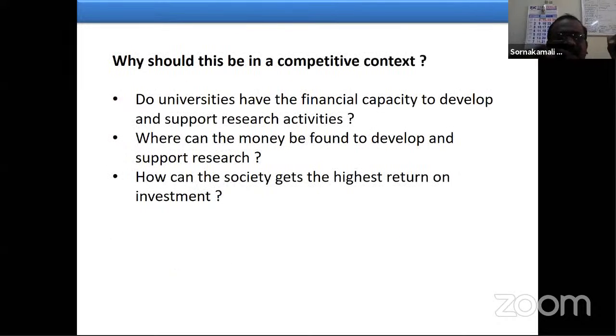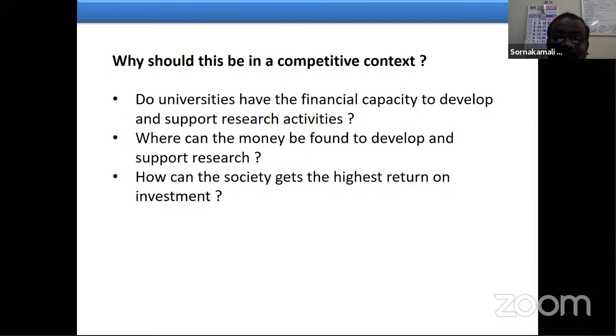So whether universities have the financial capacity to support research for each and every scientist? Definitely not. The university may have 1,000 or 500 employees, 500 teachers or scientists. So the university may not have funds to support each and every individual researcher. So it is the duty of the individual person.